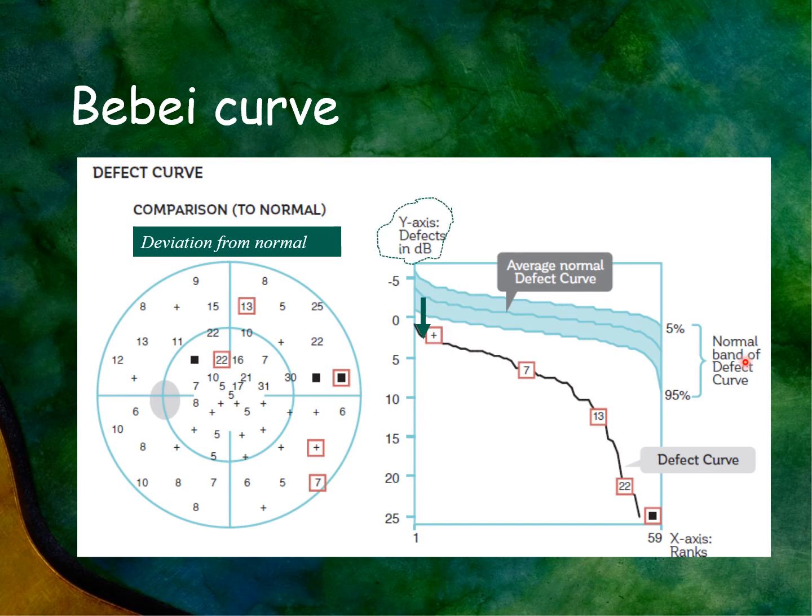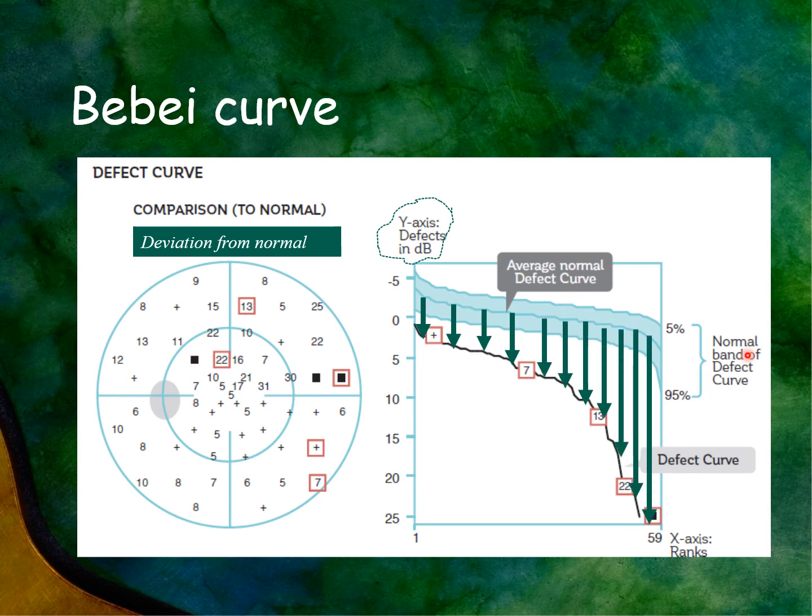This point shows a deviation on the y-axis of up to 4, that's why it's written plus. All these plus locations are arranged here. And gradually the rest of the locations are arranged in such a way that small defects are on this side and large defects are on this side.